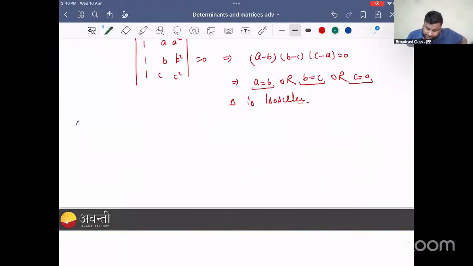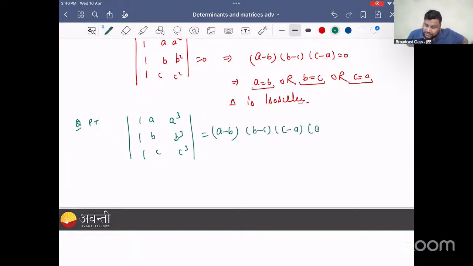Now say there is a question. Prove that the determinant of 1, a cube; 1, b cube; 1, c cube equals (a minus b)(b minus c)(c minus a)(a plus b plus c). Give it a try using the same method. Yes, quickly.